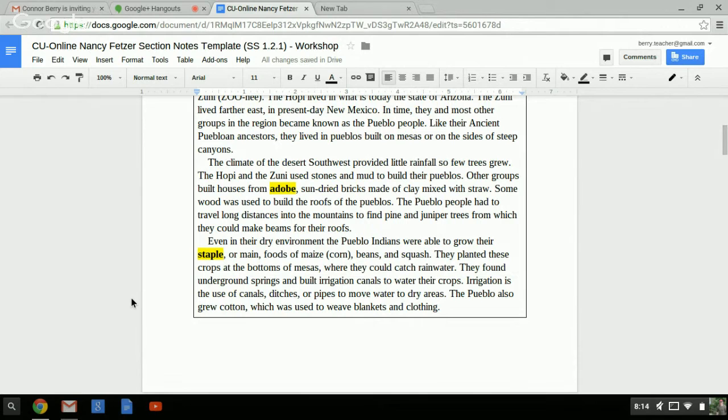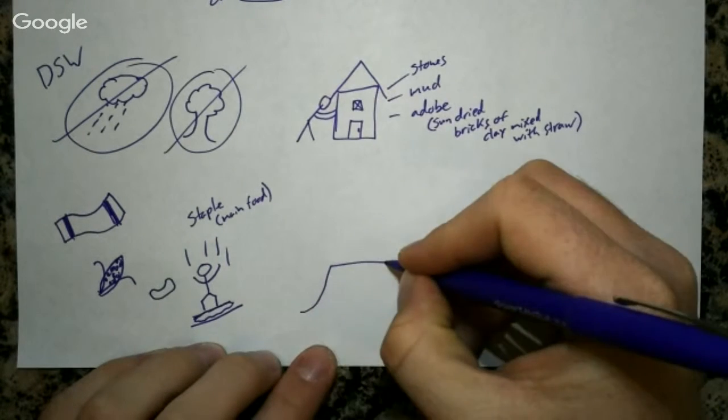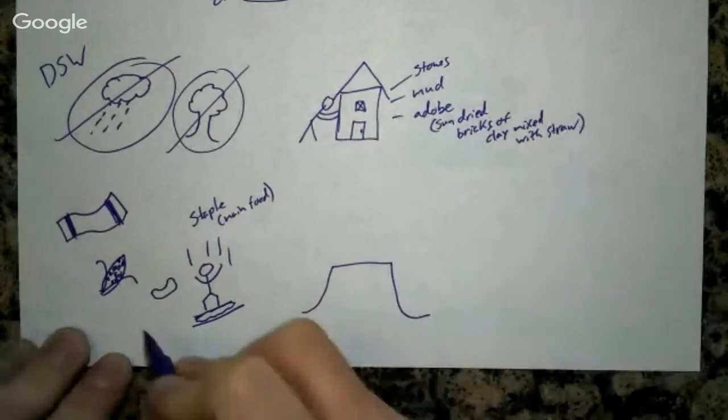All right, let's go back and check out the last few sentences. They planted these crops at the bottoms of mesas. Okay, where they're planting things. Good. Bottoms of mesas where they could catch rainwater. They found underground springs and built irrigation canals to water their crops. So they built them on the bottom of mesas.